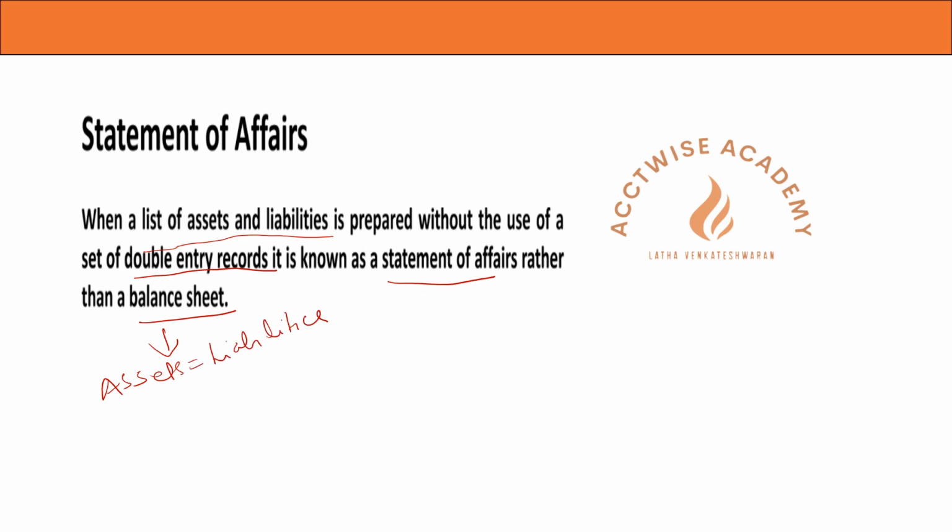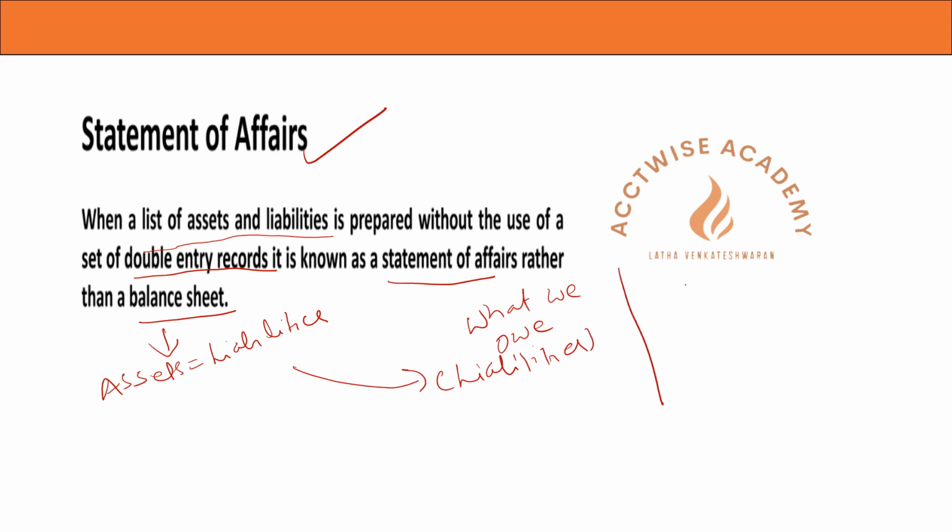But when we prepare a statement of affairs, it may not be the case because we would have prepared it only from the incomplete records. So we'll have a statement showing what we owe. These are liabilities, correct. And what we own. These are assets.